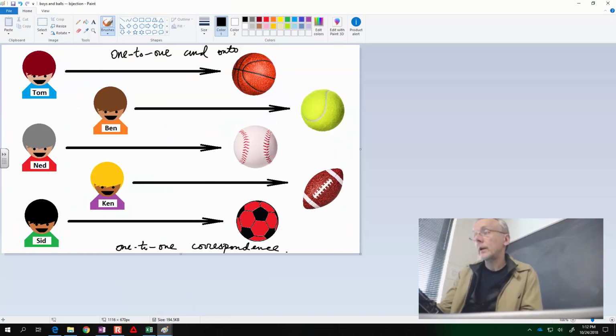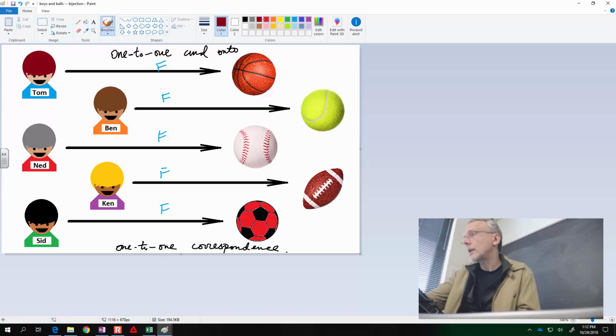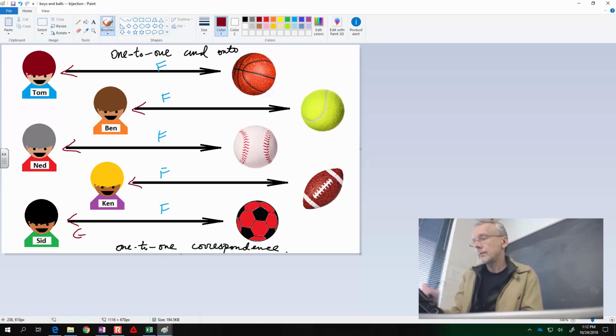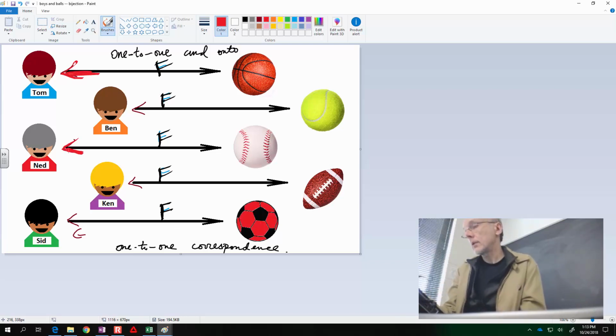If we stick with the arrows as we see them, these are f's, but then you can reverse them painlessly like this, and this new function is g. Let's call the black one f, the original one, and then we reverse the arrows according to our plan. In other words, if we make those single arrows double arrows going both ways, it works out just fine. So these are g's.